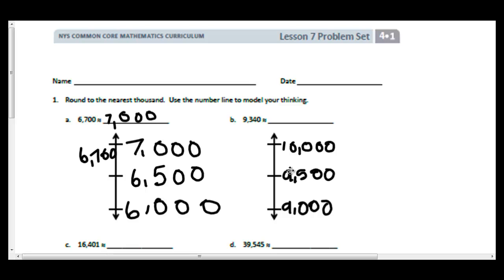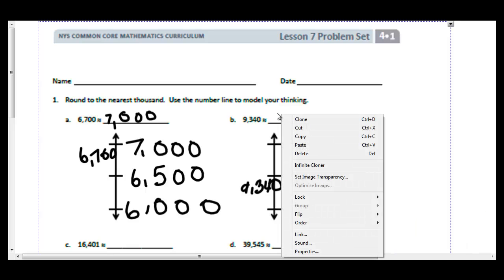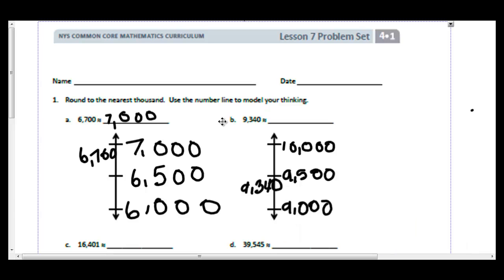Now we have to come back up here to the number we're rounding, on the number line. So now I'm rounding to the nearest thousand. I've got to decide, is it closer to 9,000 or is it closer to 10,000? 9,000. So 9,000 is closer.